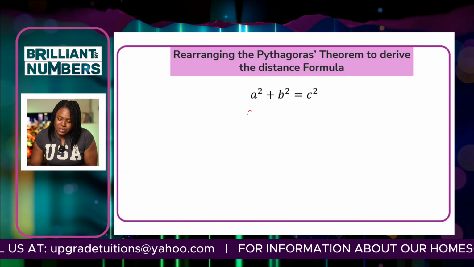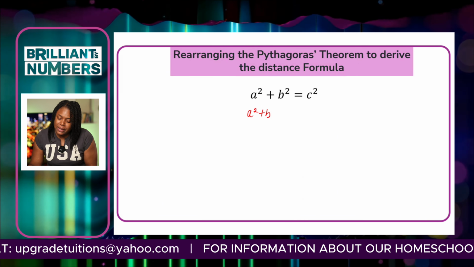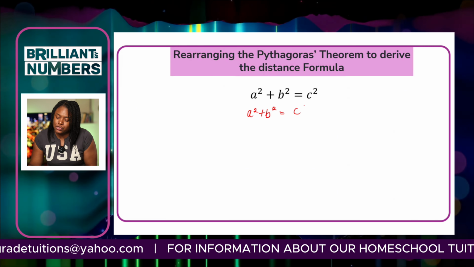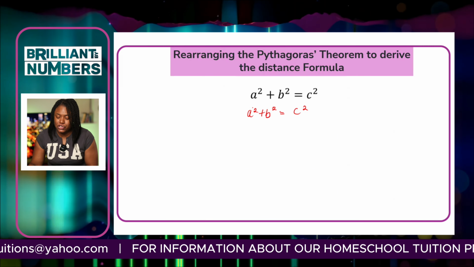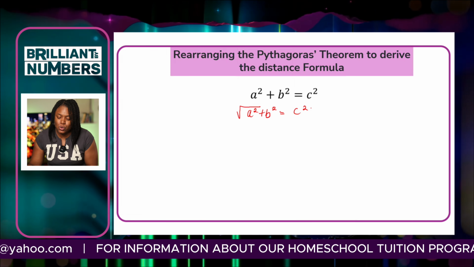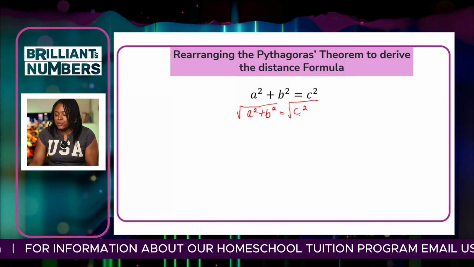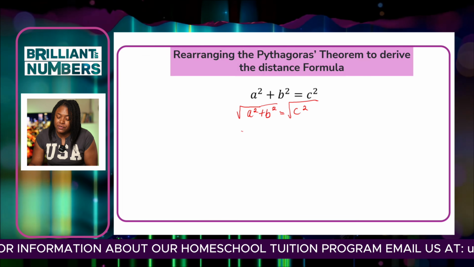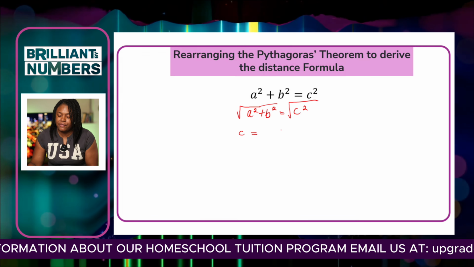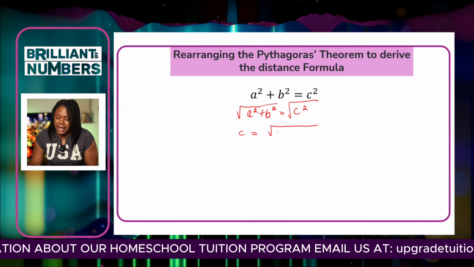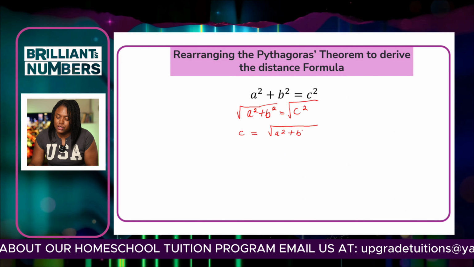So let's put this down. I'm just going to rewrite a squared plus b squared is equal to c squared. So to get c on its own, I need to do the square root of both sides. So the square root of c squared is c, so c is therefore equal to the square root of a squared plus b squared.